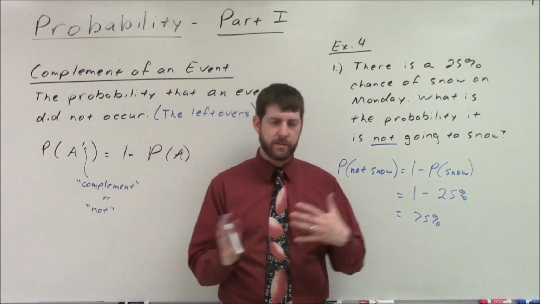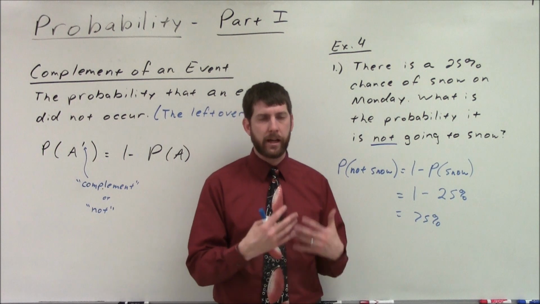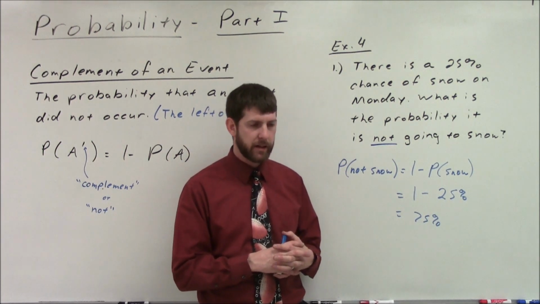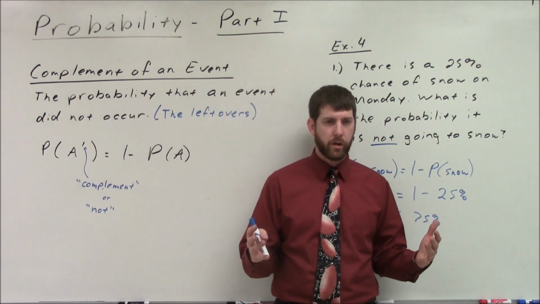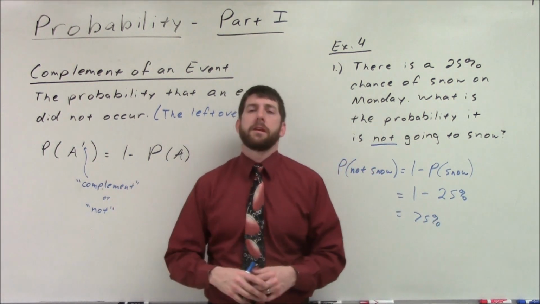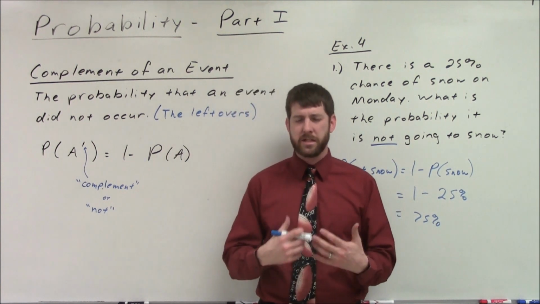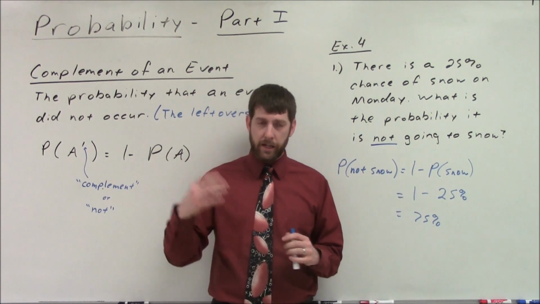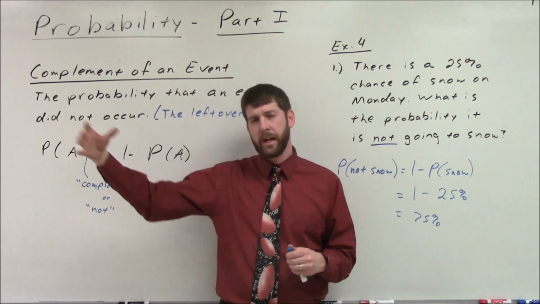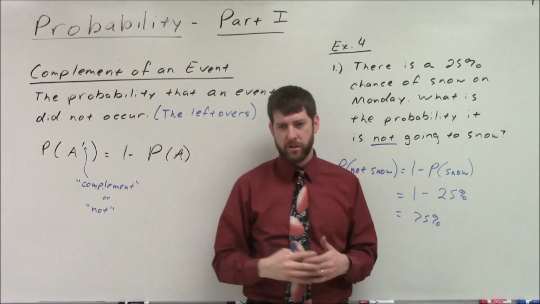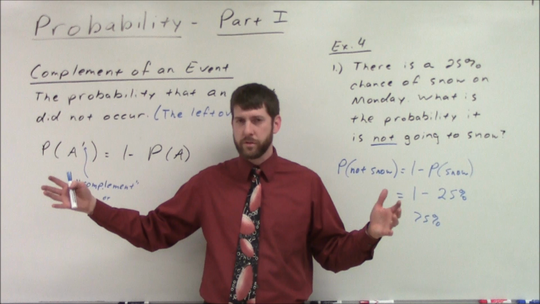Now this seems like a very trivial thing, but this idea of complement, that things add up to give you 100 so you can subtract the part from the whole, is a very useful thing that we'll often refer to in math. Just kind of think of how it can make your life easier. If I want to know the probability of something happening and the something is very, very likely to happen, it doesn't make a lot of sense. Think experimental probabilities. It doesn't make a lot of sense to add up all that stuff that's going to happen and to calculate the probability. Would it not be a lot easier to figure out the few times it doesn't happen and subtract those few times from 100%?